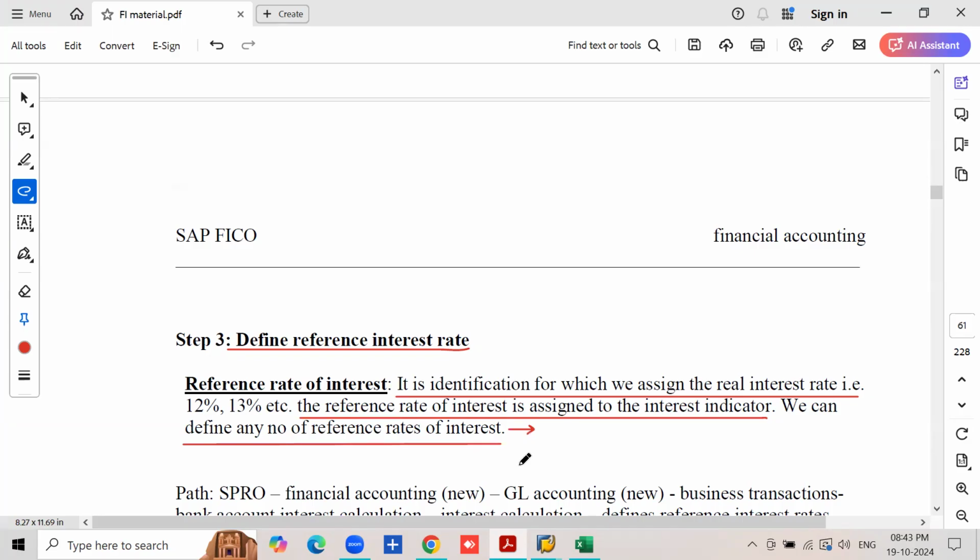Another point: the reference rates of interest are defined at a client level.